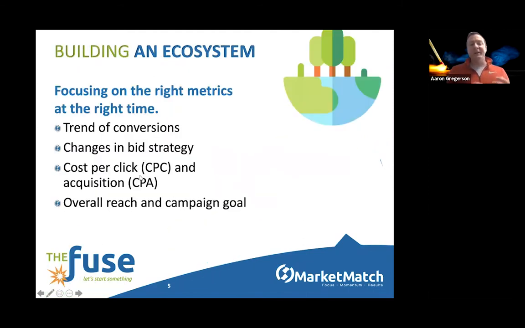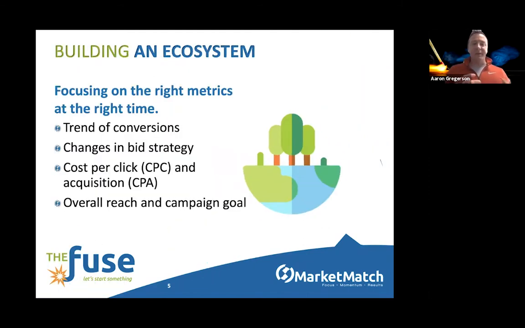One of the ways that I like to take a look at this particular problem is focusing on the right metrics at the right time. I do things like take a look at the trend line of conversions. So are we seeing more conversions on Friday afternoon or Saturday morning versus sometime other in the week?